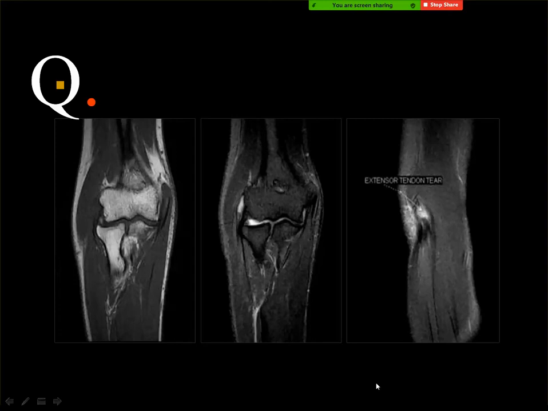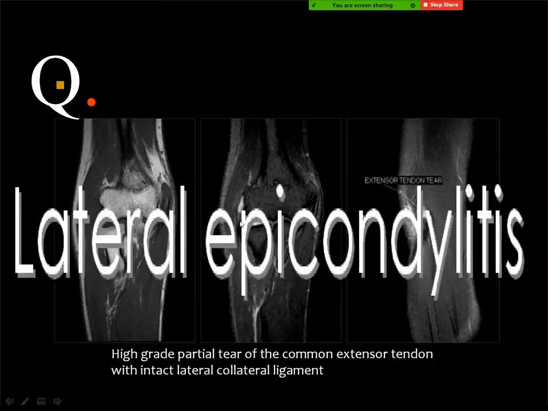Elbow joint. This is tennis elbow, lateral epicondylitis, yes.